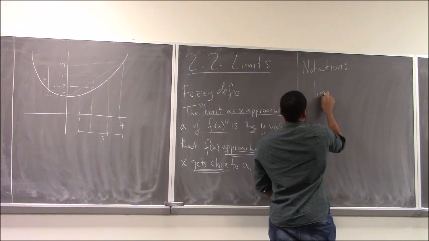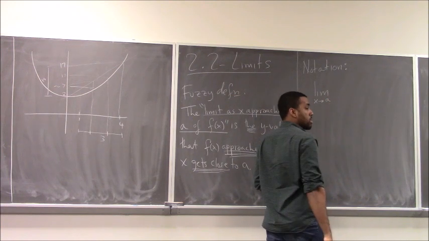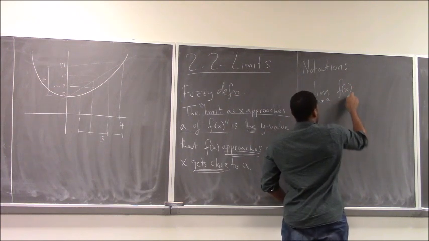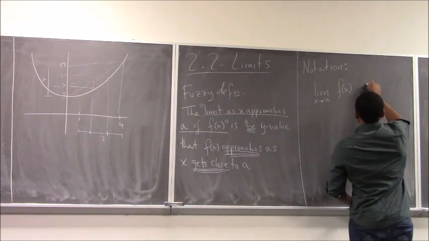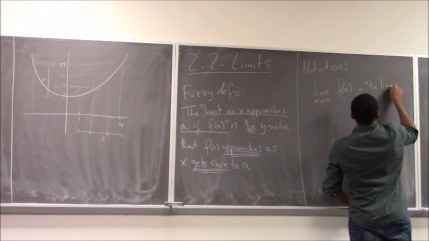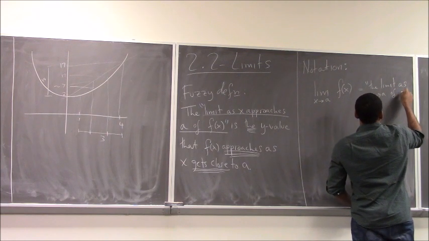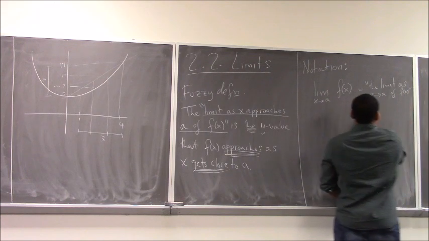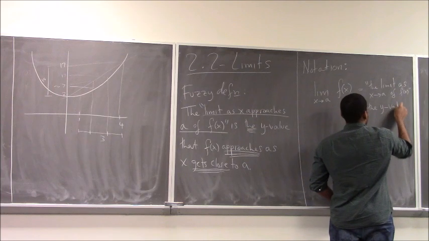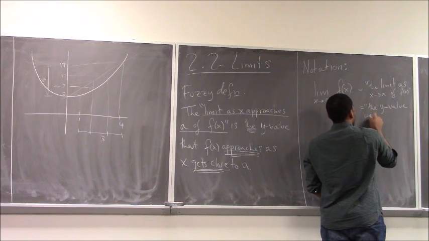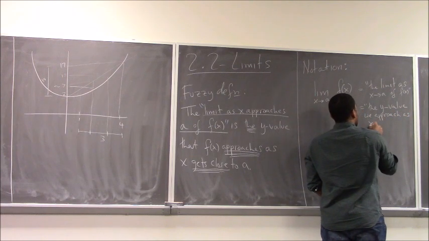We will write down lim. Below it we will write x, a little arrow, the number a, and then we'll write the function right beside it. So this is read as the limit as x approaches a, or gets close to a, of f of x. What you can think of this as is the y value we approach as x gets close to a.